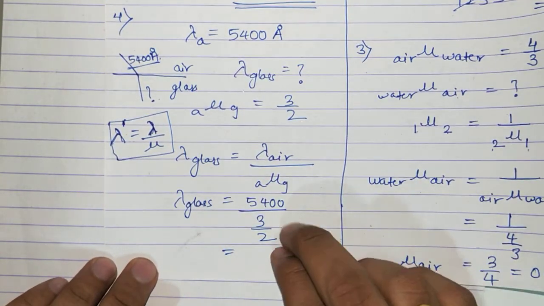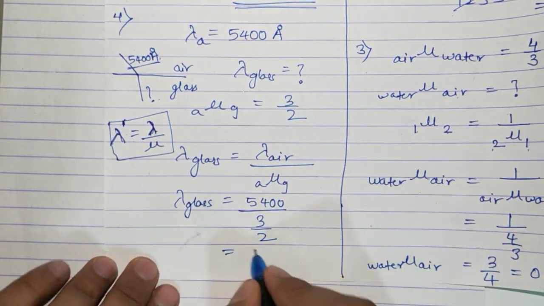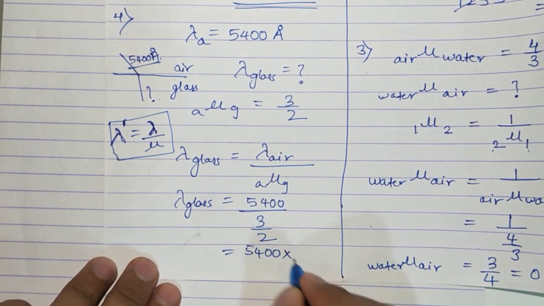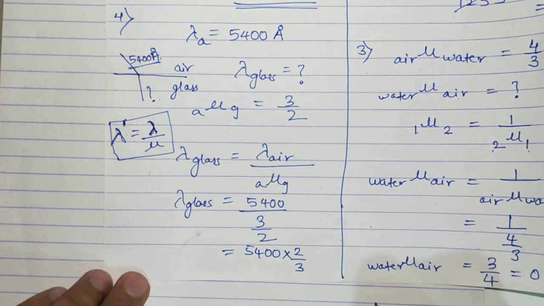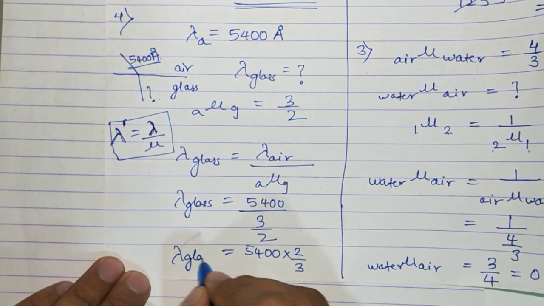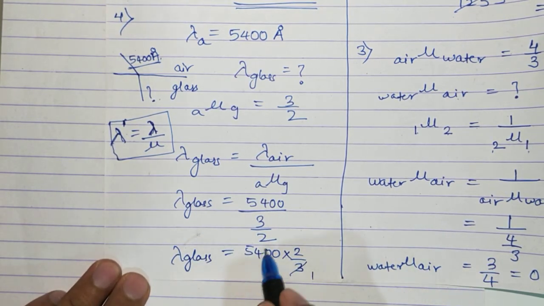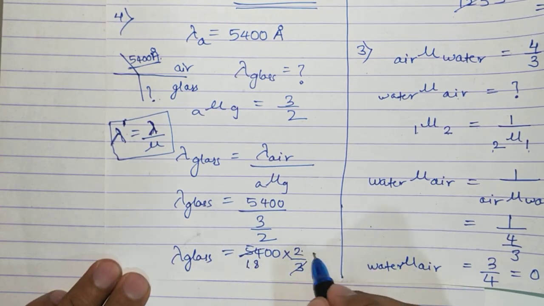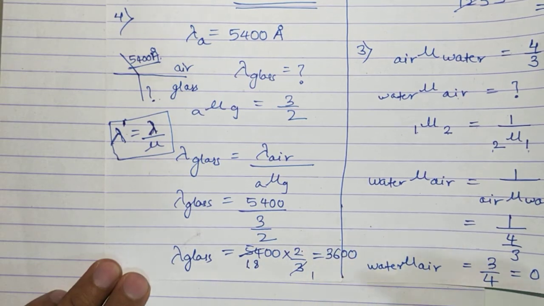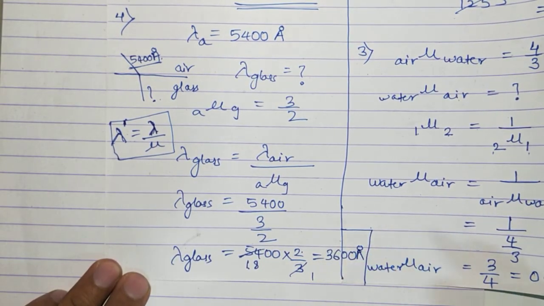This 3/2 will get reciprocal and come in the numerator. So you will have 5400 into 2/3. Solve this: 3 1s are 3, 18 3s are 54, and 18 2s are 36, so 3600 angstrom.